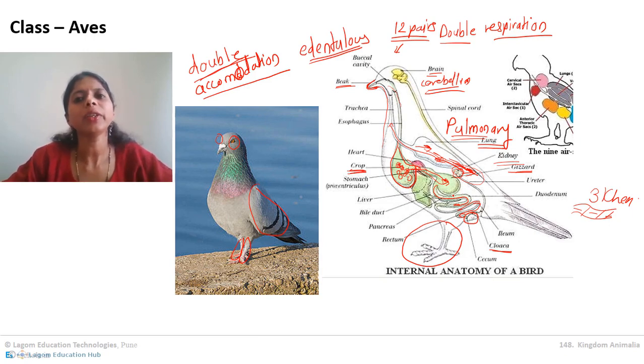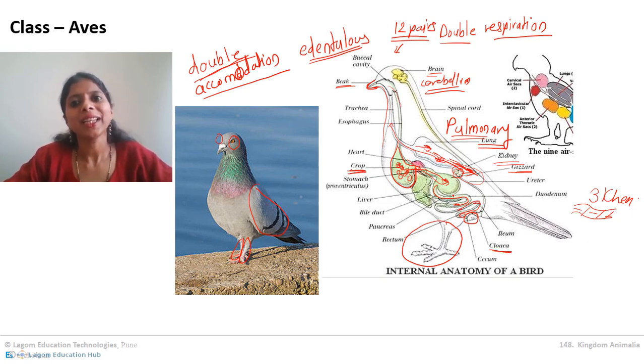Now the next thing you need to remember is its body temperature. Remember properly, Aves is the first class in the classification of kingdom Animalia which are homeothermic animals. Now what do you mean by homeothermic? Warm-blooded animals.